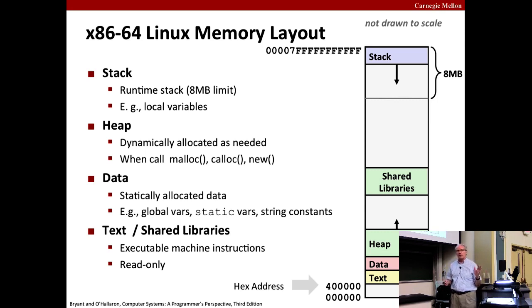I don't know why, but it's the way it is, across many machines. And then the data: first of all, there'll be a section for the data that's allocated when the program begins. So any global variables that you've declared will be in that section.